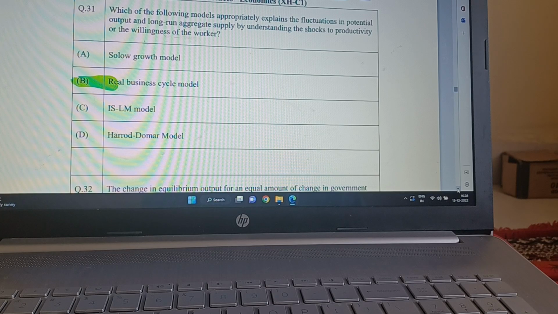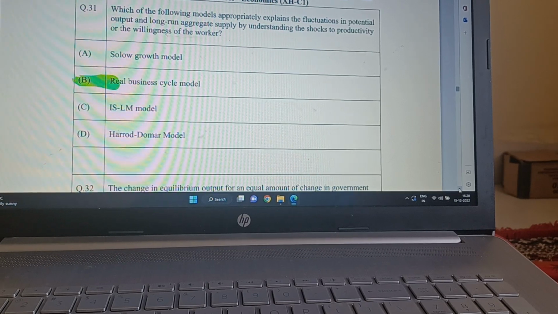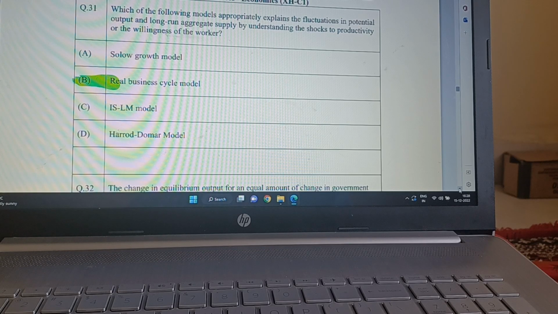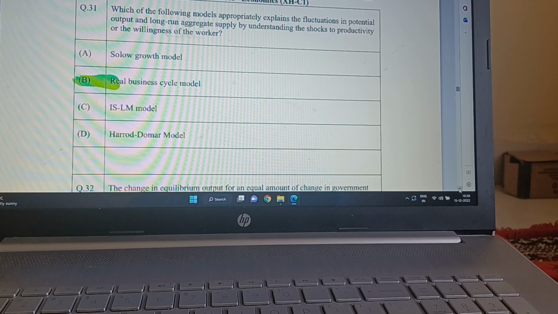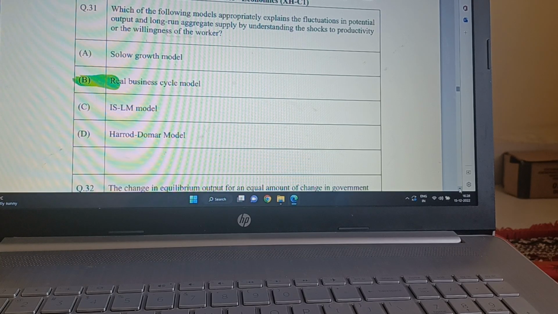And the second factor is the willingness of the workers. If the workers are willing to work hard, for 8 hours or more than 8 hours, working overtime, then GDP will increase, and that will be a boom for the economy.